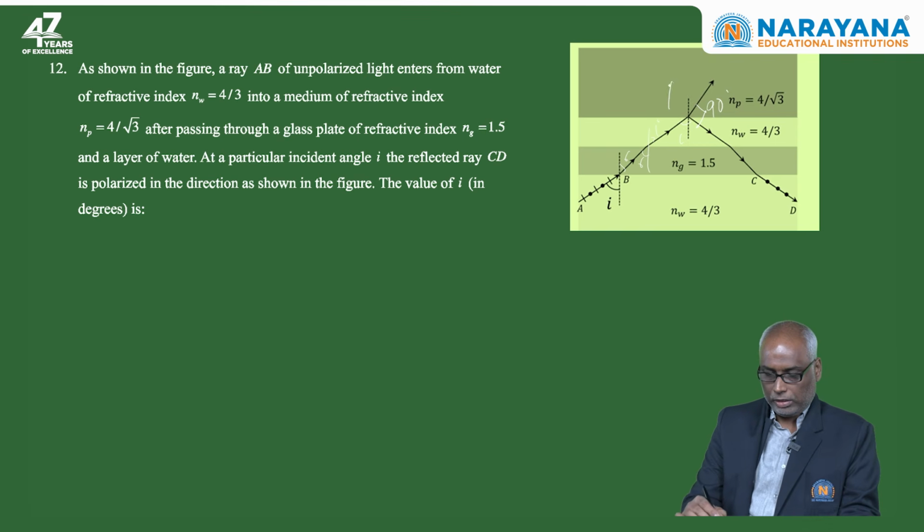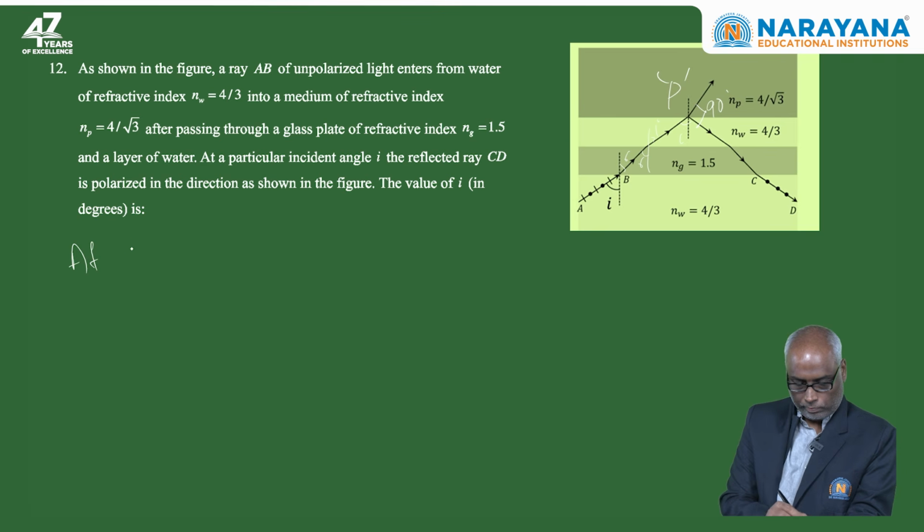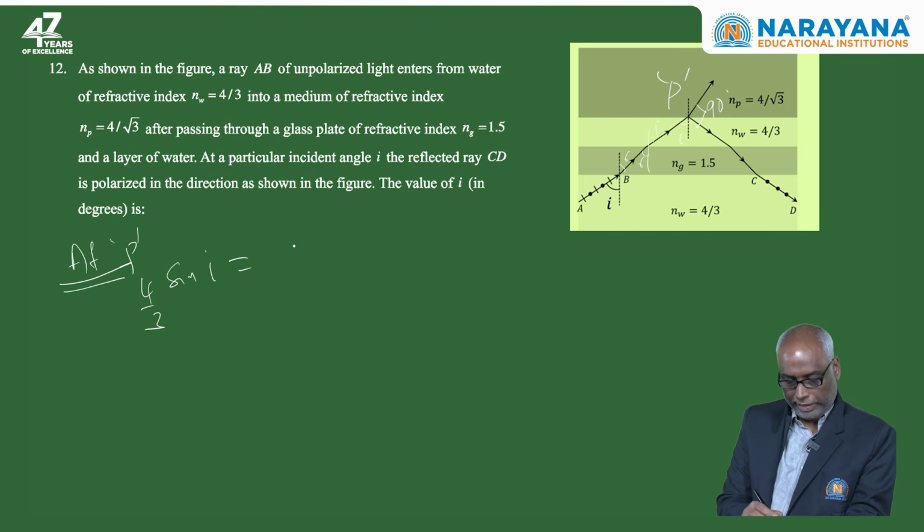So applying Snell's law at point P: 4 divided by 3 into sin I equals 4 divided by root 3 into sin of the angle of refraction, which is 90 minus I. So 4 and 4 get cancelled.